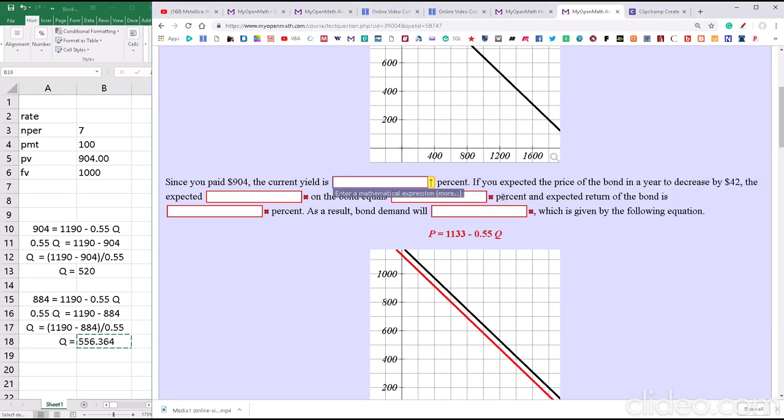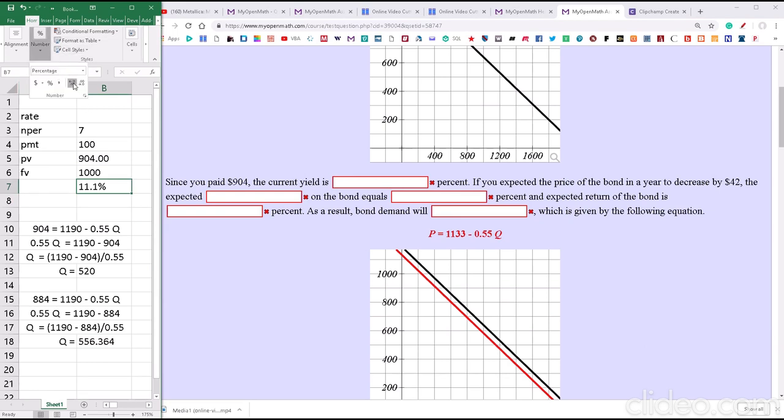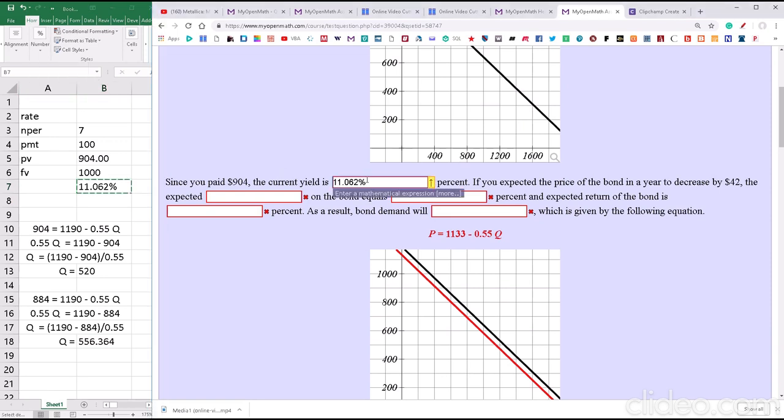So the current yield is the coupon payment divided by the price. The coupon payment is $100, and the price was 904. We're going to turn that into a percent with 3 decimal places. Copy and paste right here.